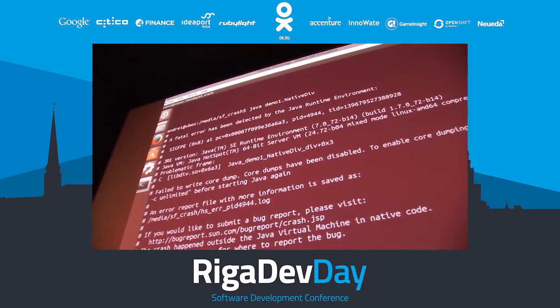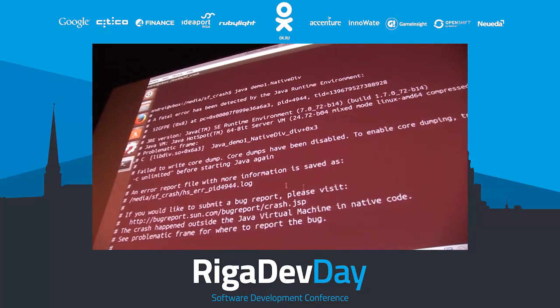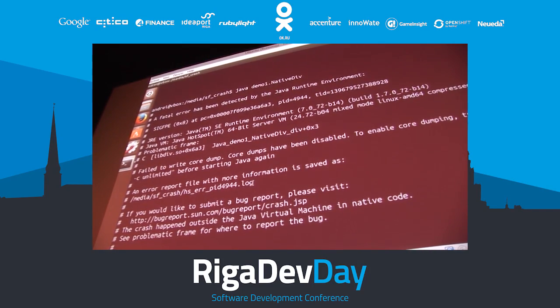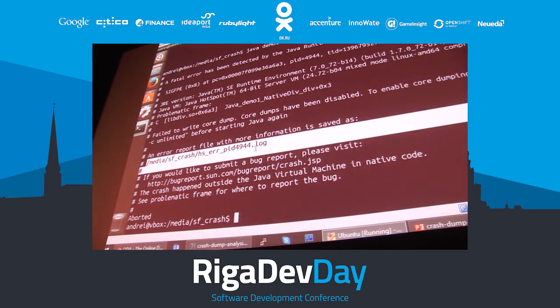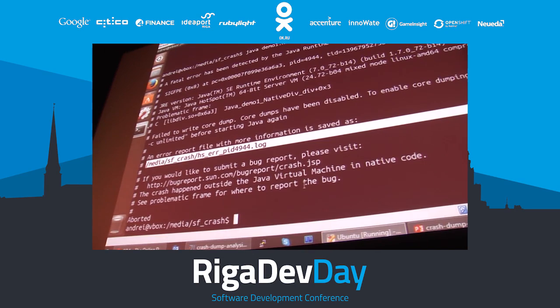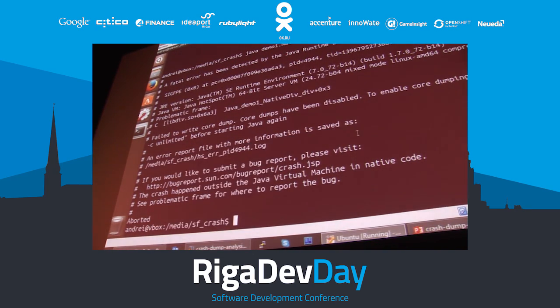Yes, we run and immediately get a JVM crash. The most important information in this fatal message is the path where the crash dump is saved. So now we can go and see what's inside.